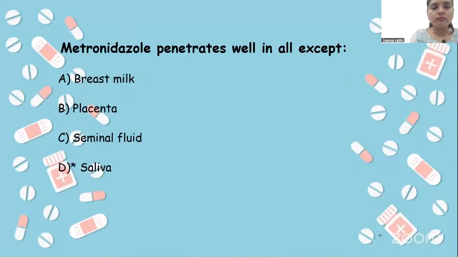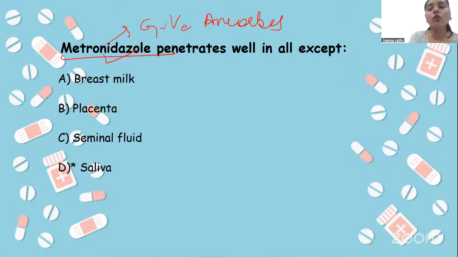Next question: what is metronidazole? It is an antimicrobial drug, usually effective for a number of infections, especially gram-negative or anaerobic infections. One important point about metronidazole is that it shows disulfiram-like reactions.